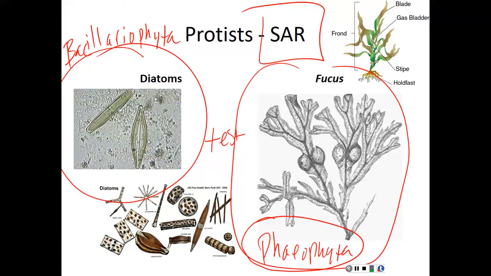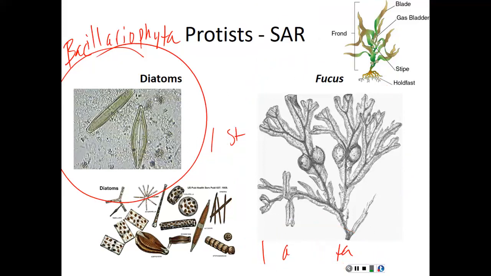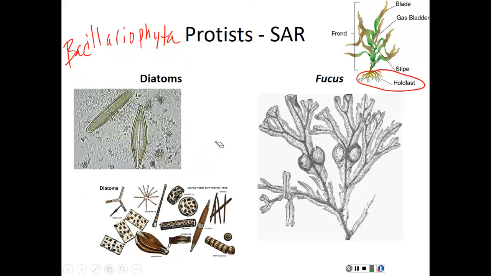Another key thing to know about this phylum is that it has some structures that are superficially plant-like, although they're not plants. They have this root-like structure called a holdfast. Again, these are not true roots. They don't have vascular tissue, and this isn't a plant, but it is used for attachment to some kind of substrate like a rock.